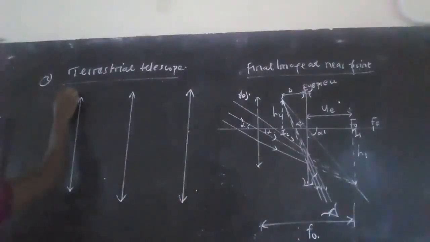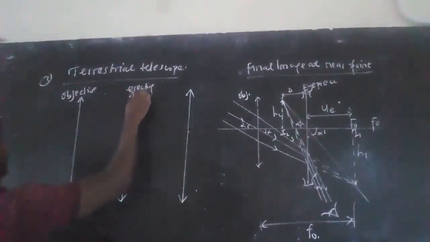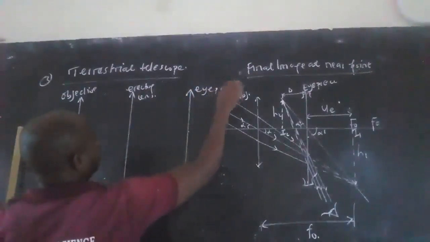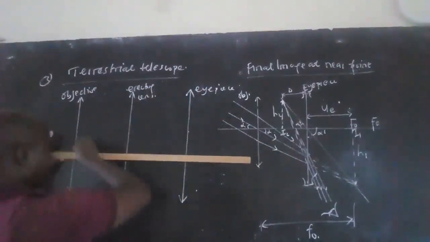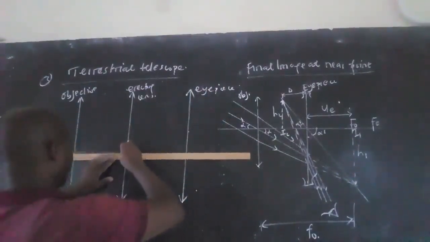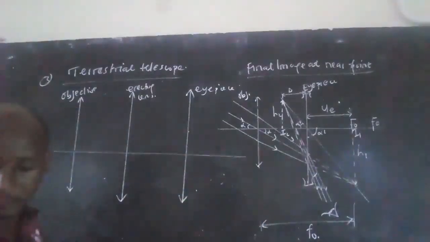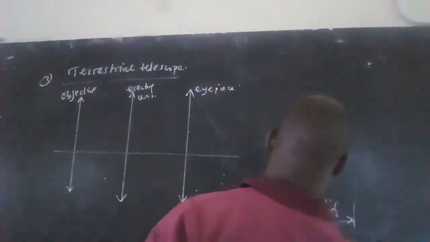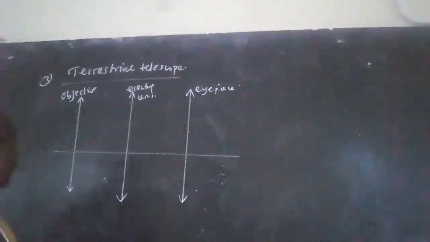This is the objective, this is the erecting lens, and this is the eyepiece. Then that's the principal axis.